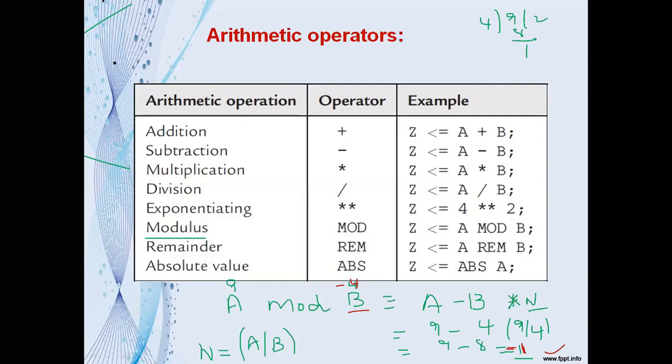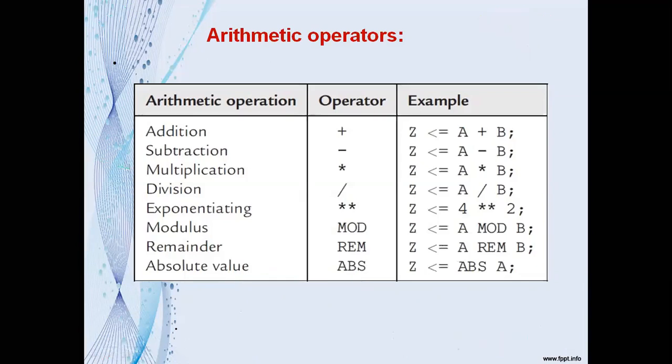Another point, just a second. For the positive you are considering A minus B into N, where N is A by B. And for a negative number it is also A minus B into N. There is no difference actually, but for the positive we take N as A by B, and for negative, the N value is A by B plus 1.